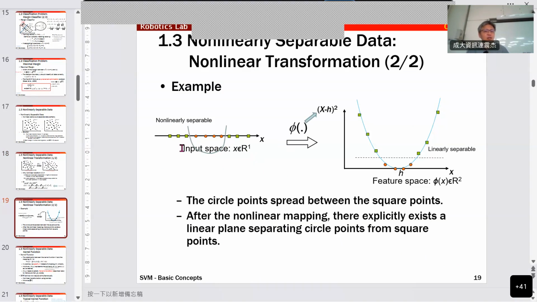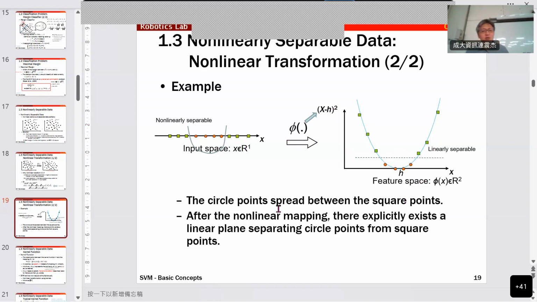No, in linear discrimination you cannot do this one. You need to project to this 1D. You need to project to 2D, so the distribution becomes this one. So you can use linear discrimination to separate two classes.